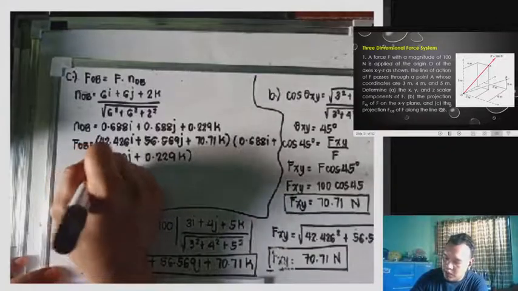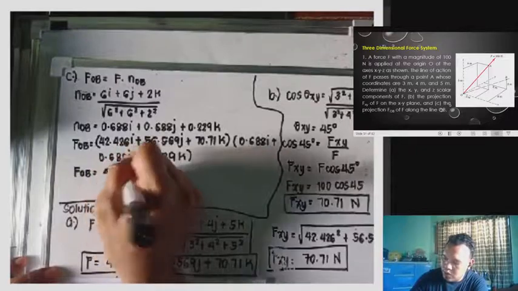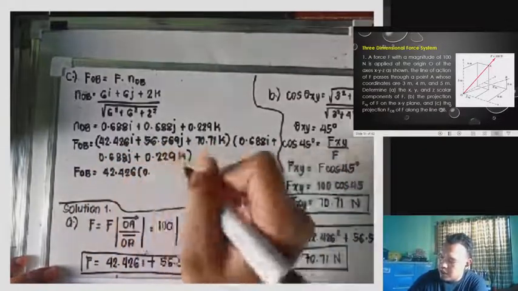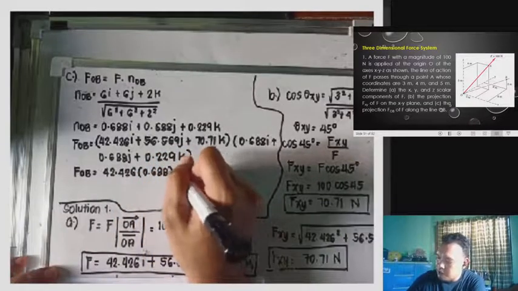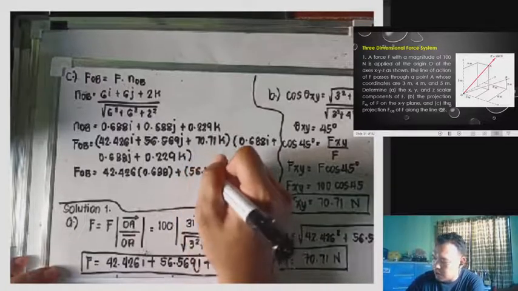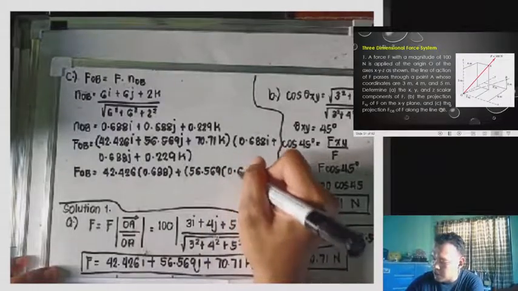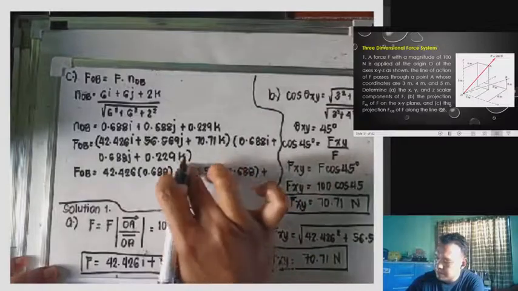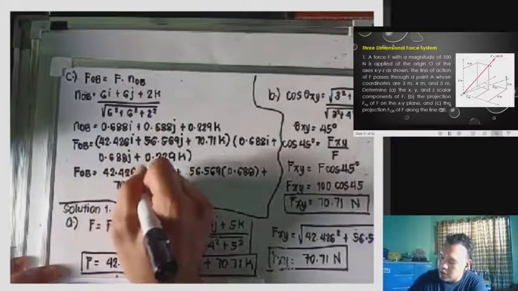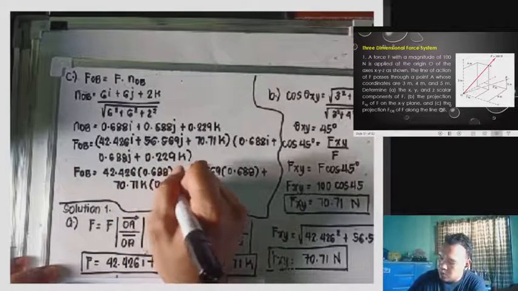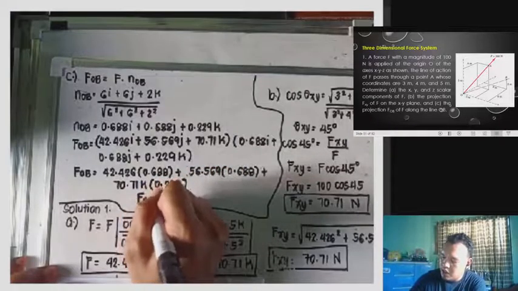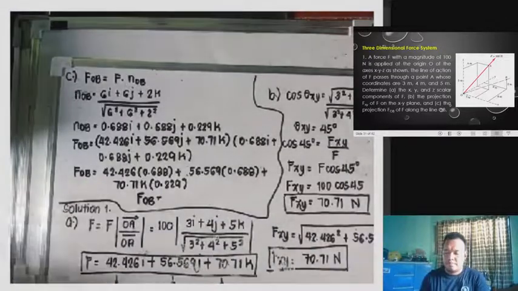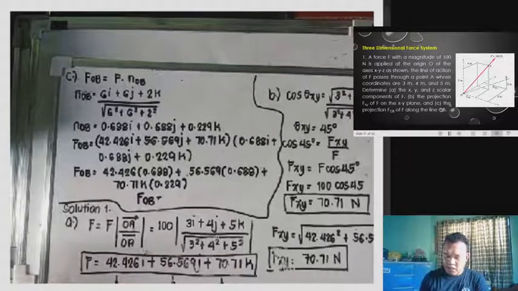So FOB is equivalent to 42.426 times 0.688 plus 56.569 multiplied by 0.688 plus 70.71 times 0.229.